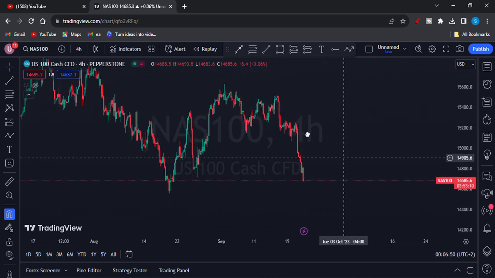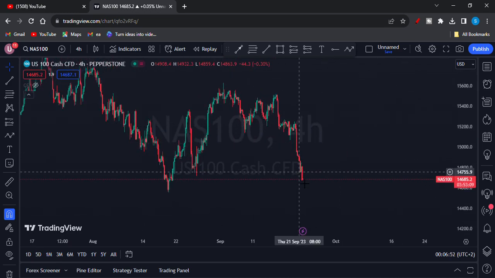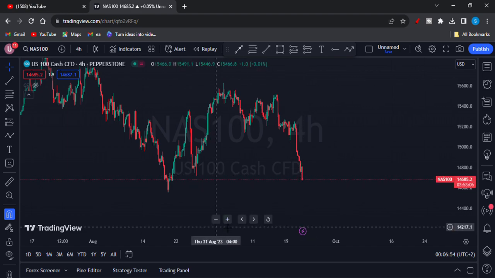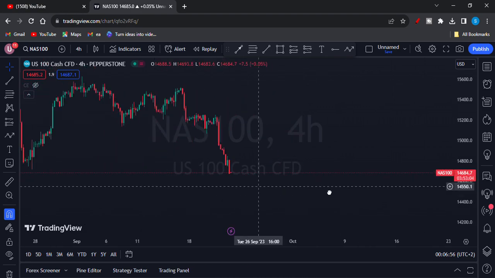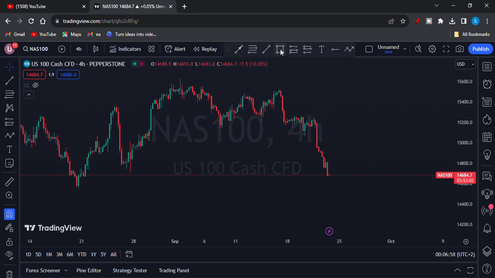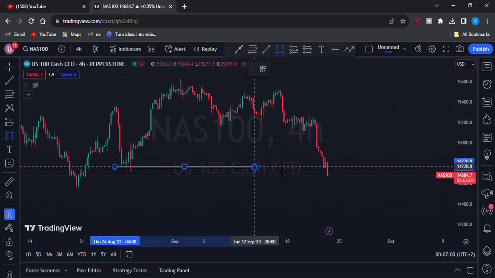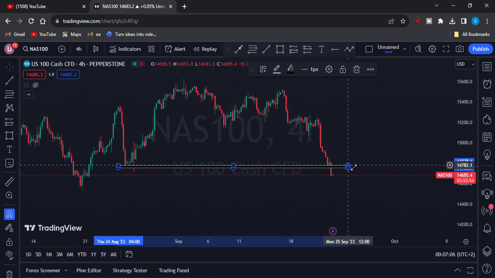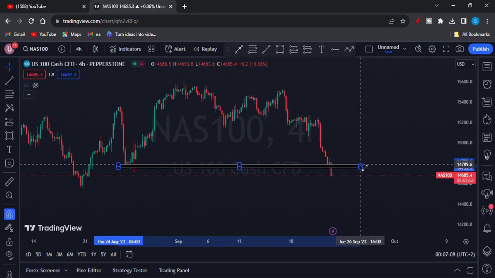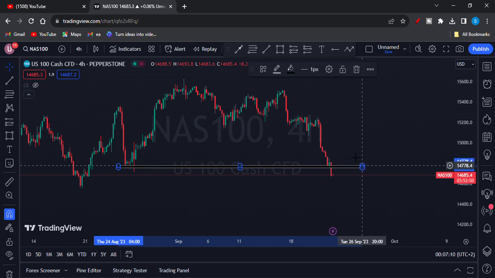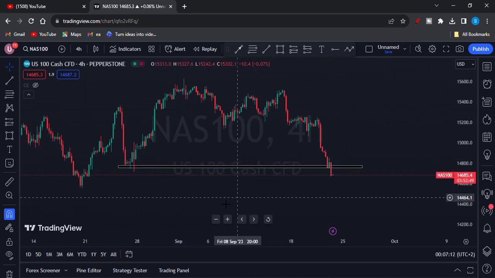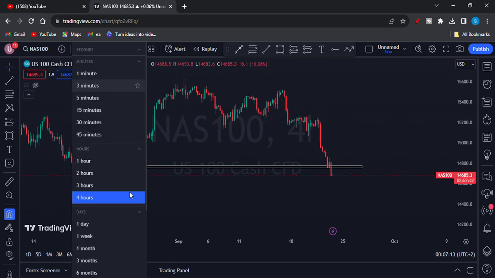So on a 4 hour we had this huge drop to the downside, and then let me just block this. So we have this zone here. Let me just extend this zone. Yeah, right here is fine. So let's go to the hourly.